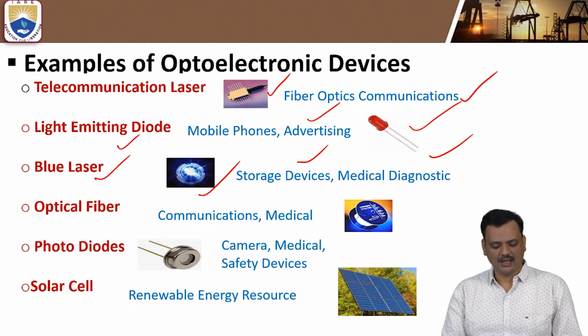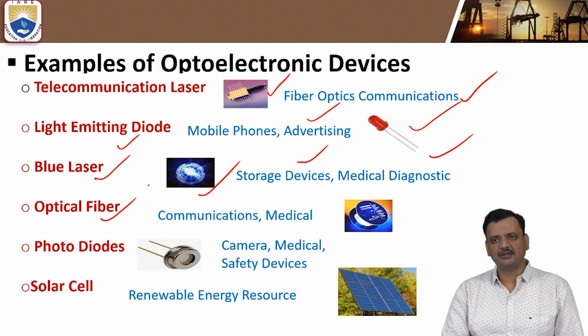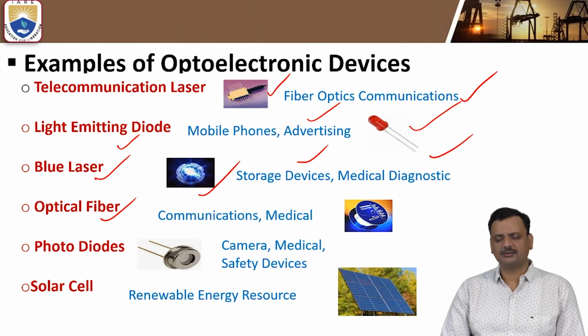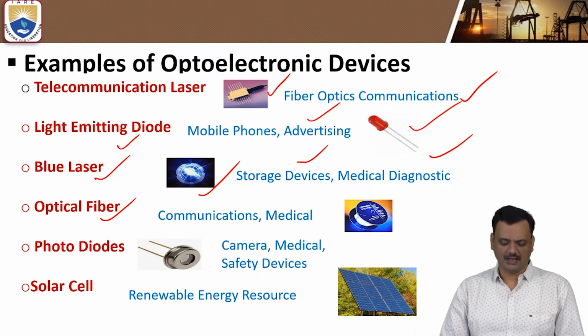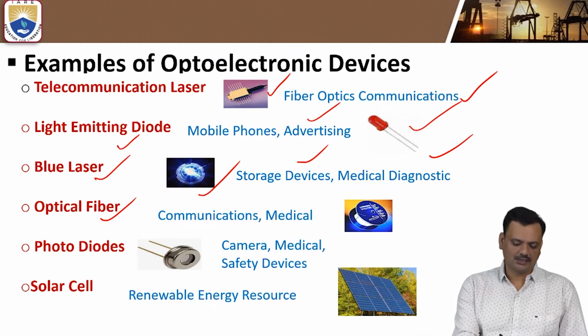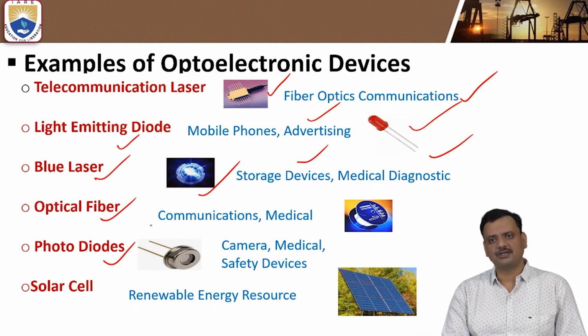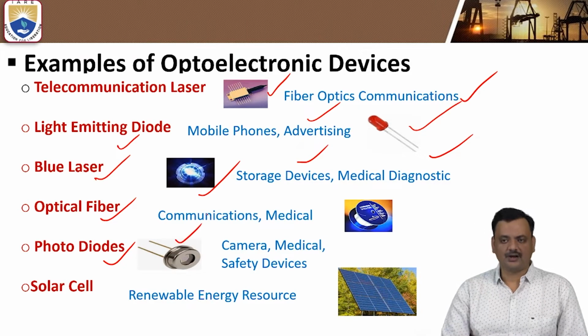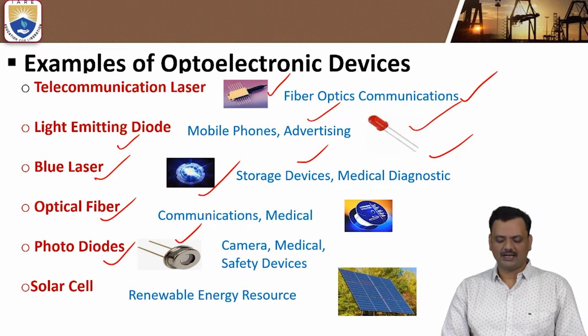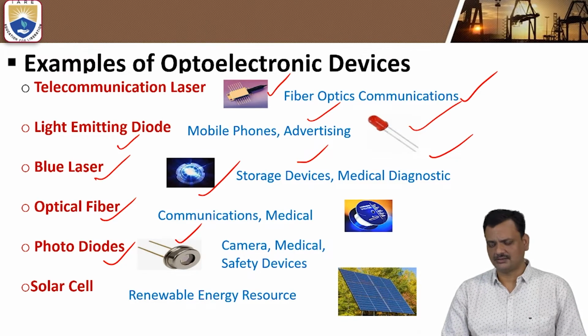Another is the optical fiber, which is a well known thing and is useful in communications and medical applications. The other optoelectronic device is the photodiode. This is a photograph of photodiodes, and they are useful in cameras, medical and safety devices.